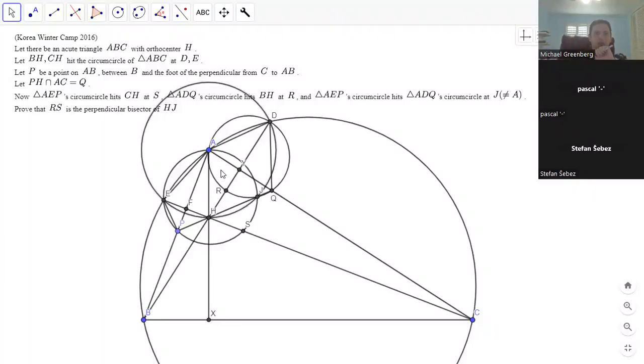And then probably by an angle chase, maybe I could show that AR is perpendicular to PQ, which is the same as saying AR is perpendicular to QJ.